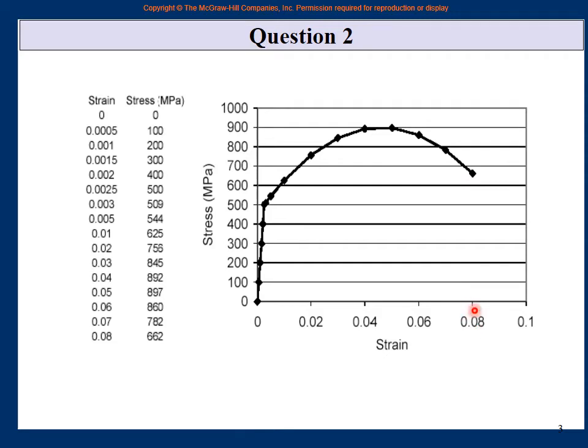So the strain at fracture is 0.08. So the things that you can find from here: yield point, ultimate point is direct, fracture strain is direct, but fracture stress we will have to find out. Okay, so now these you can do from here and then maybe some calculations.